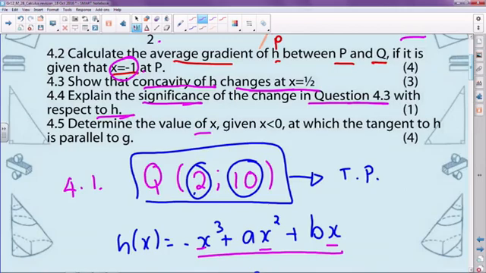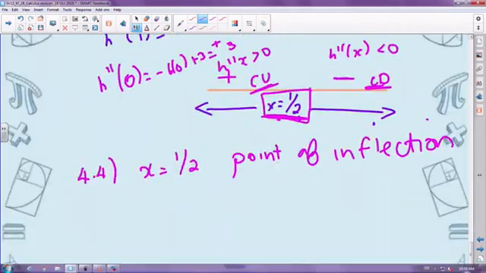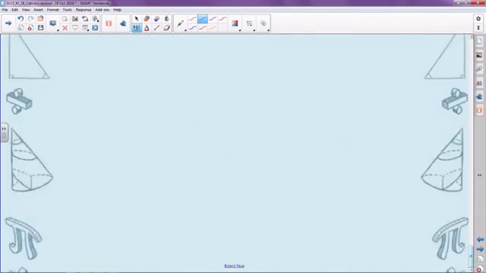Determine the value of x given that x is negative at which the tangent to h is parallel to g. Okay, so this is what we've got. So we were given this equation g, which we haven't really used up until now. All right, so let's just get our page extended a little bit.